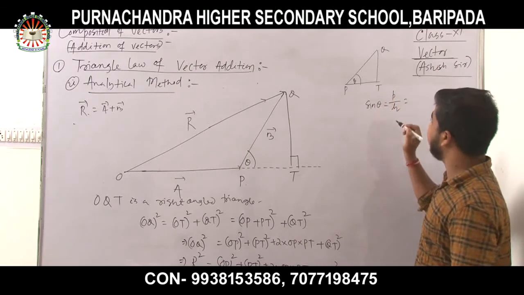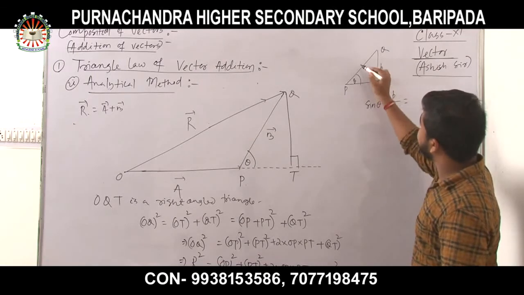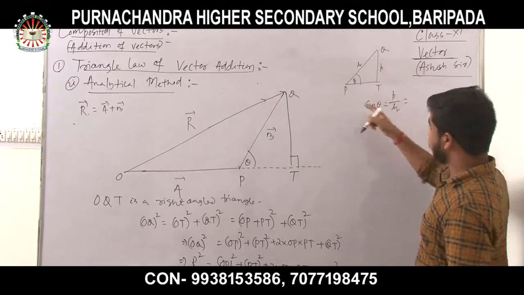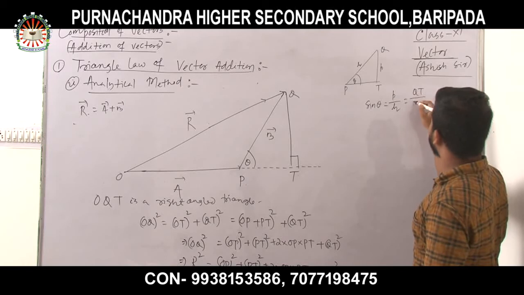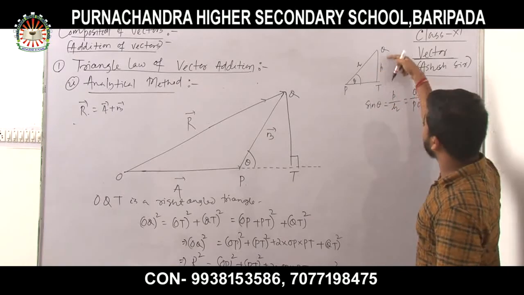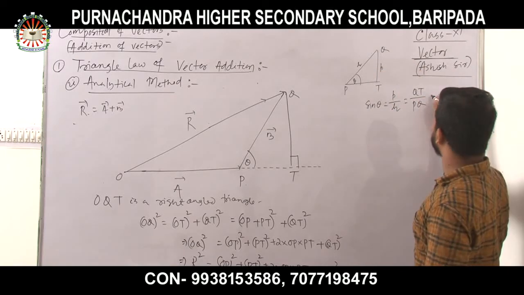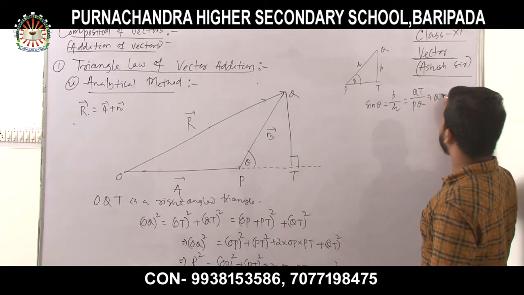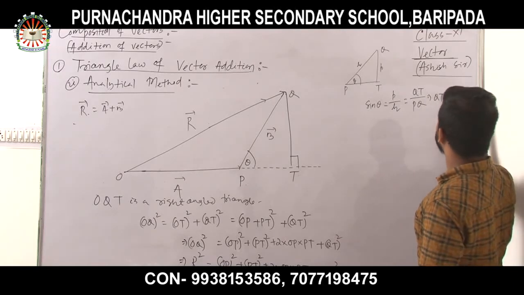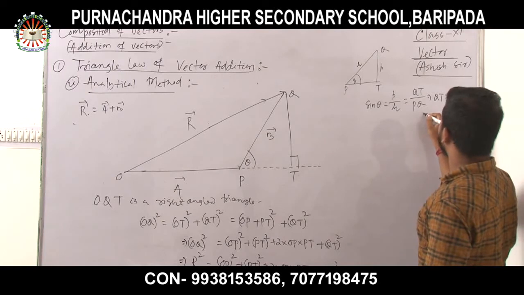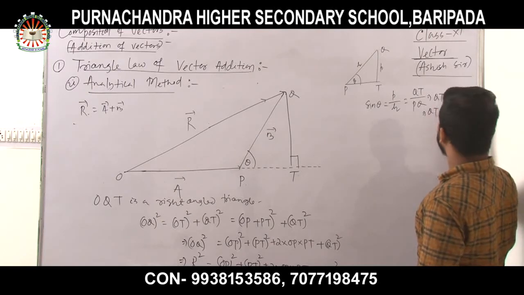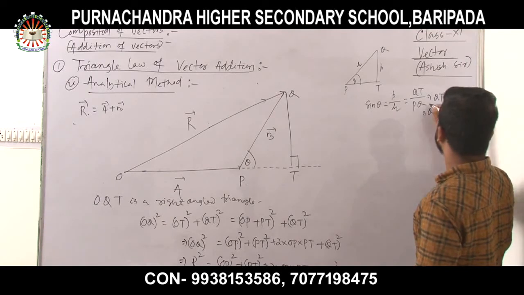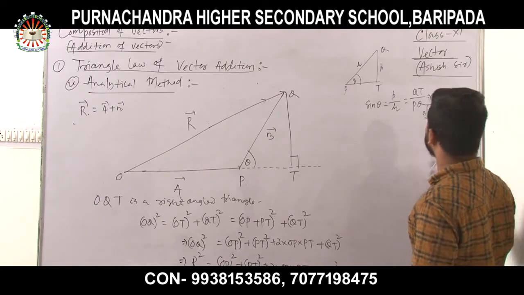So this will be P, this will be H, so sine theta will be QT by PQ. Then you can find QT is equal to PQ sine theta, and QT is equal to B sine theta.